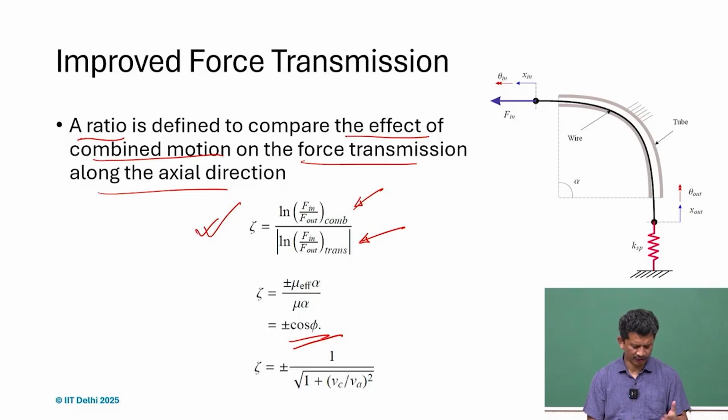We can also write it in terms of Vc by Va, because tan phi is defined as Vc by Va, so then we can write cos phi similarly. But we find a very simple formulation: this ratio turns out to be simply cos phi.